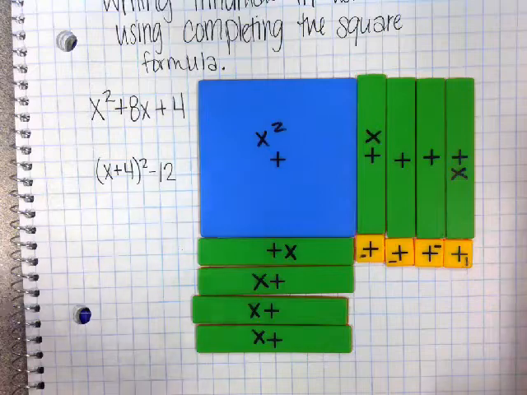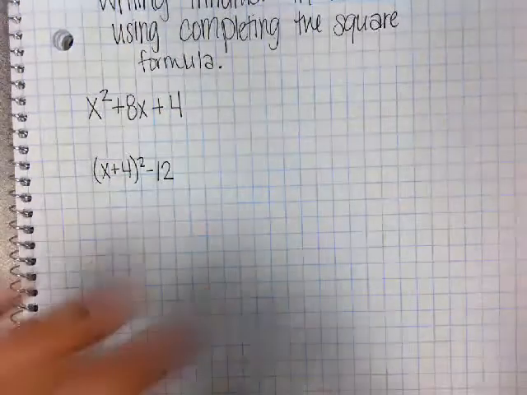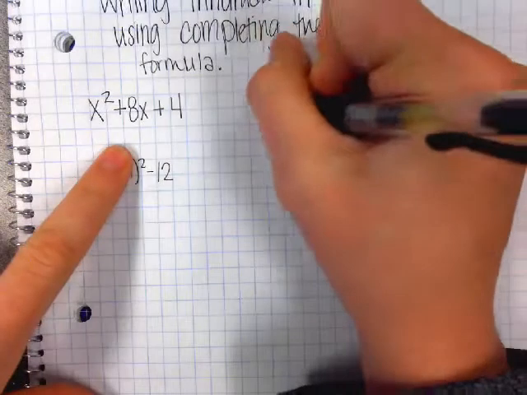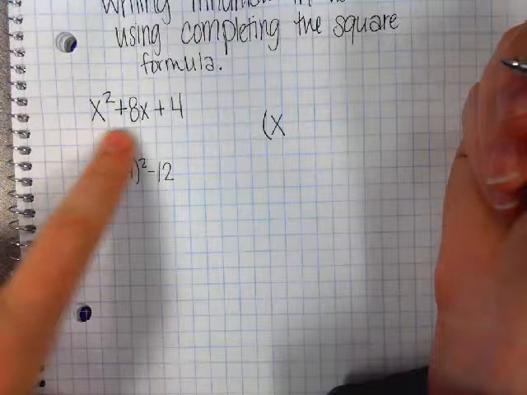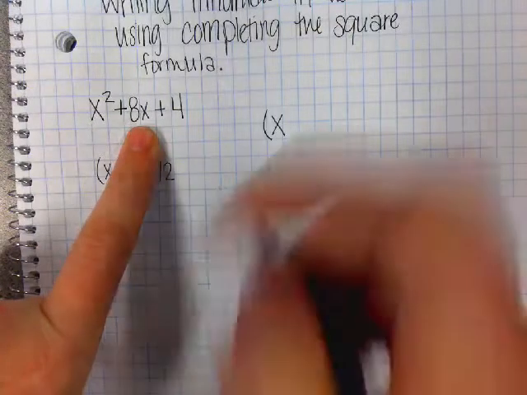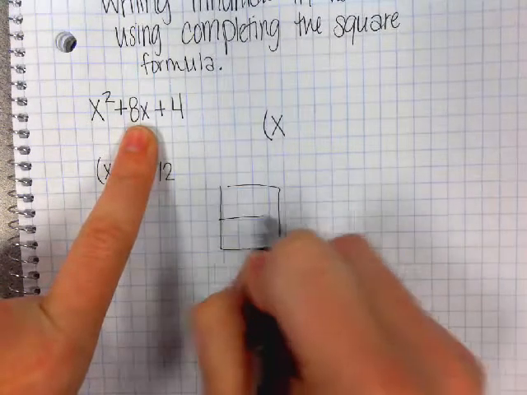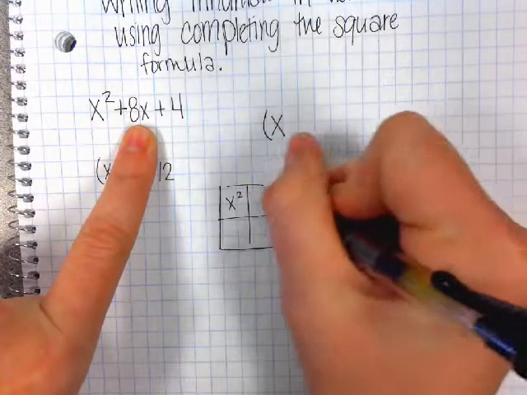Now, the way I'm going to show you is the formula you can use. If you have this equation right here, you're going to take x. We always have x because x times x makes x squared. Now, remember, if you use the box, and this is just a reminder, I have x squared here.